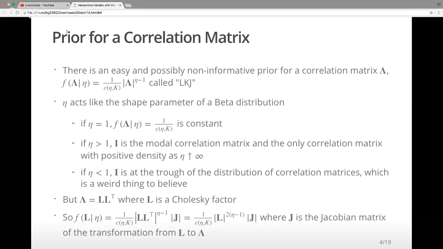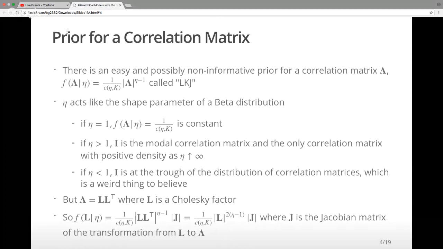So by making eta bigger and bigger, you're expressing stronger and stronger prior beliefs that this correlation matrix lambda is closer and closer to the identity matrix, being the correlation matrix where everything is actually uncorrelated because the off-diagonal elements are 0. And so a lot of people are just using eta equal 1, which gives you a uniform distribution on the space of k by k correlation matrices.